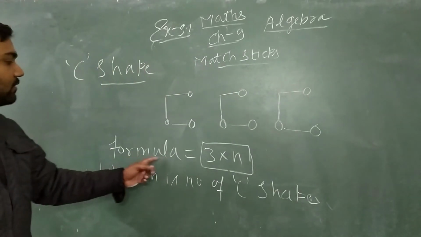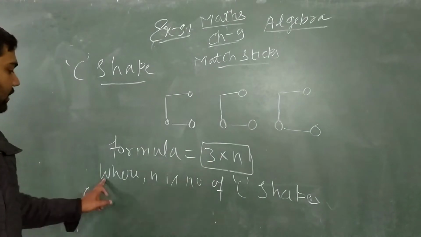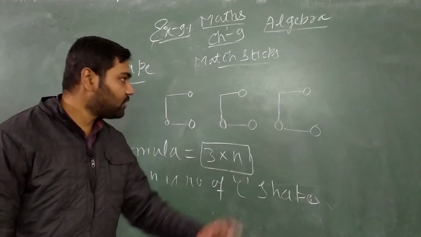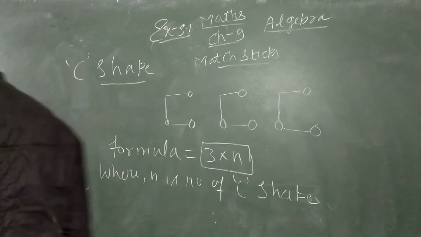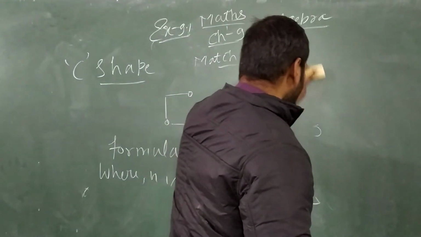To make the C shape, we have the formula 3 into n, where n is the number of C shapes. Okay, now let us see one more example in the case of the C shape.